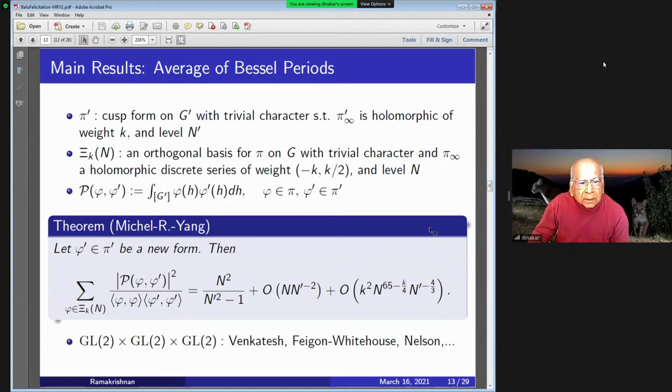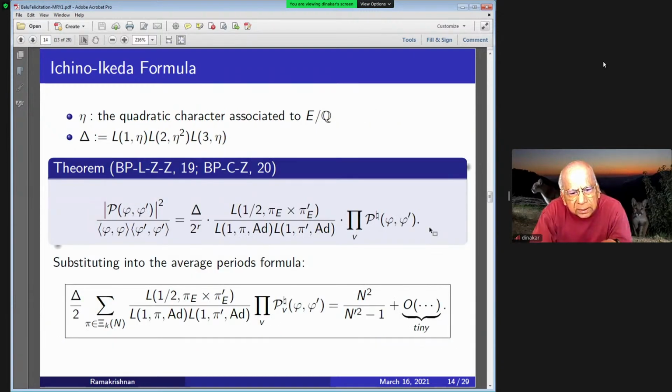That's what I'm repeating here, but I want to be a little more precise. The result that we know is that the period squared divided by the Petersson norms gives certain L functions, the most interesting one being the one on the top, L(1/2, pi cross pi prime).